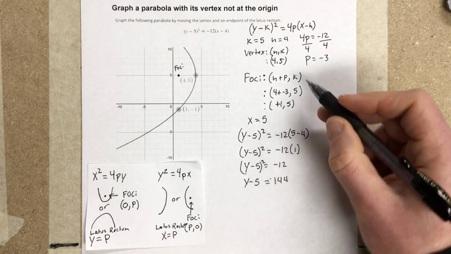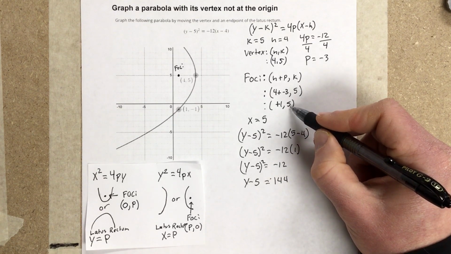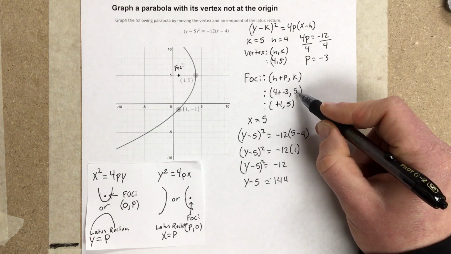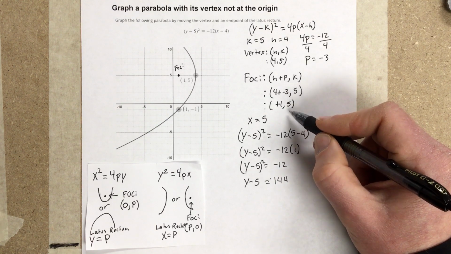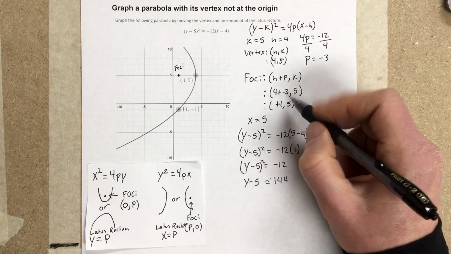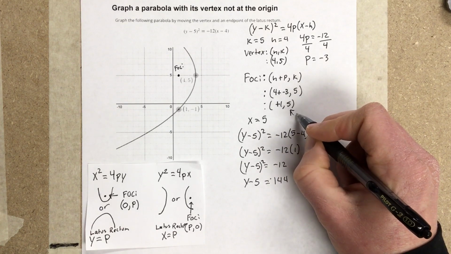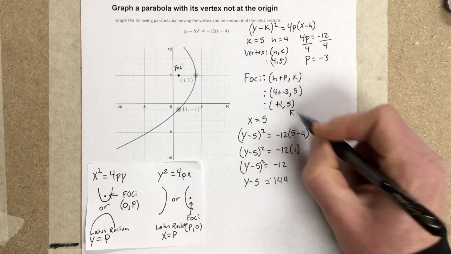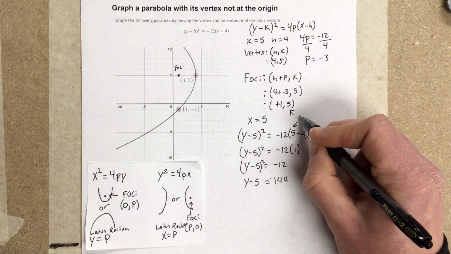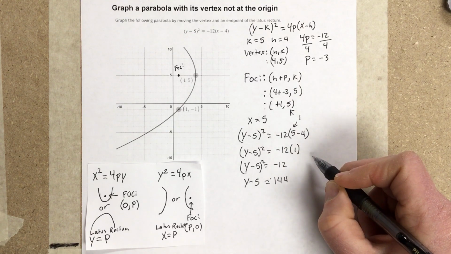I made a mistake somewhere. Sorry, I plugged in the wrong value. I plugged in y, I needed to plug in x. Whoops. So this was screwed up right here. This should have been 1, and I plugged in 5.